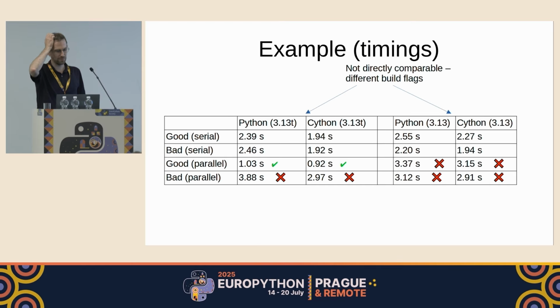We've got some timings here just to illustrate the point. The main point is that when you try to parallelize the bad example, it actually gets a lot worse, both in the free threading build and in the regular non-free threading build.